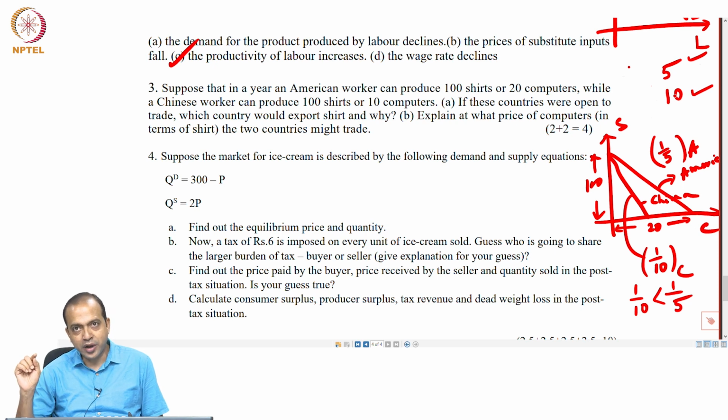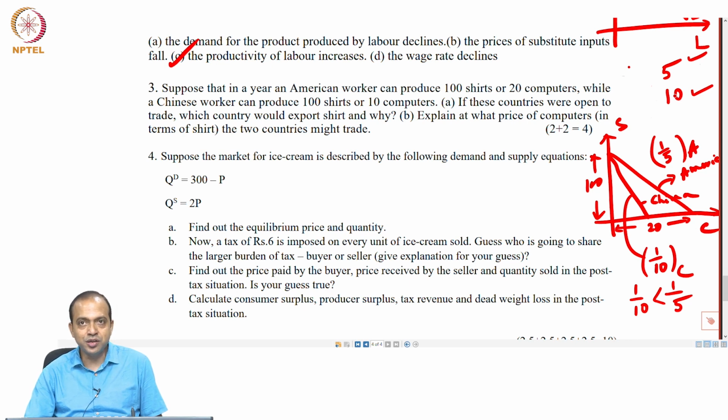So, the price should not go below the lower limit of the opportunity cost, or go higher than the upper limit of the opportunity cost. So, it should not be 4 or 11.